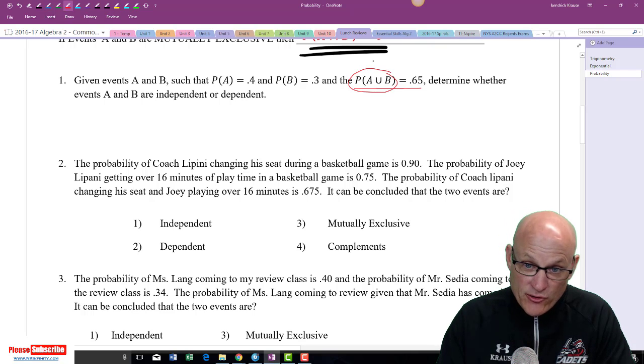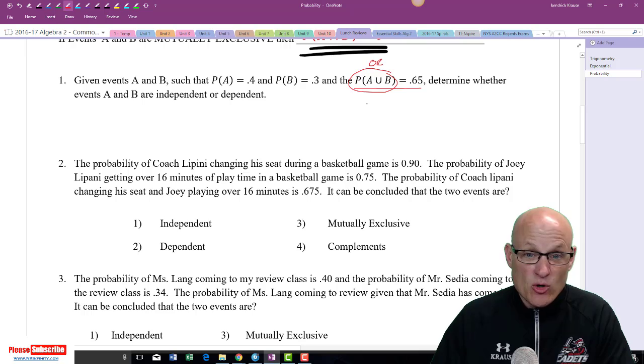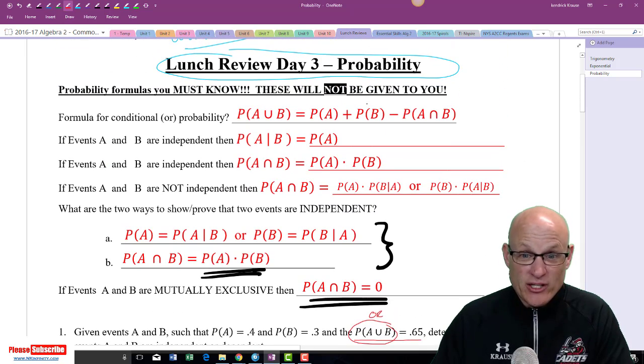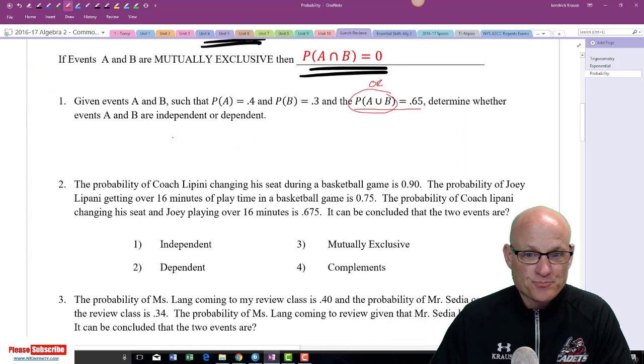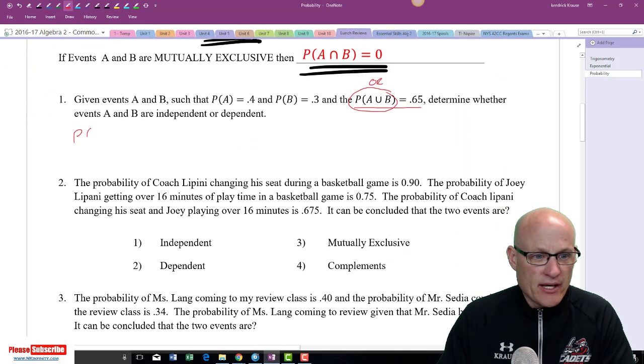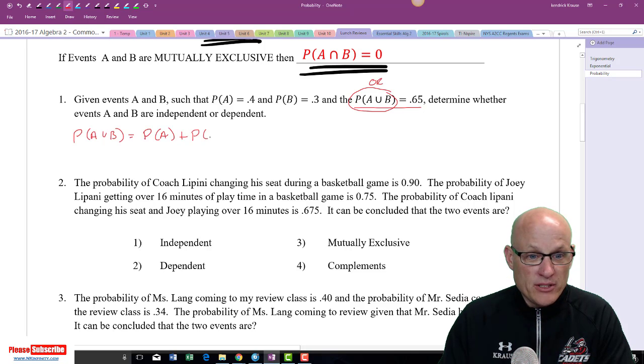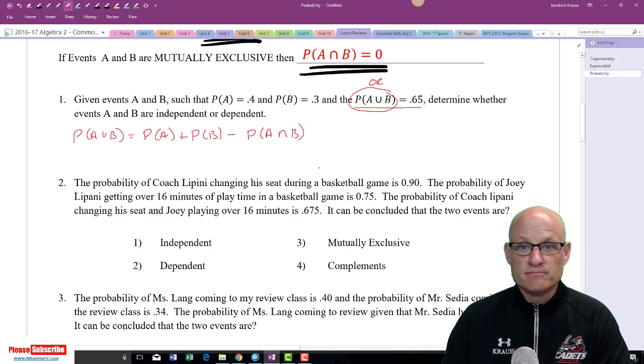As soon as you see the or, this formula has to be written. So the probability of A or B is equal to the probability of A plus the probability of B minus the probability of A and B.